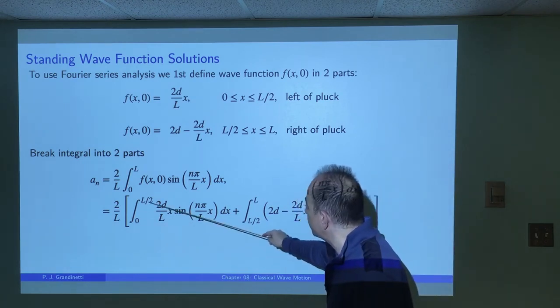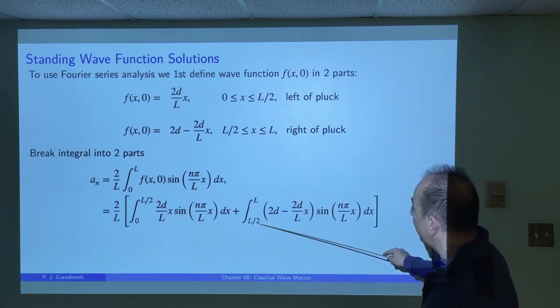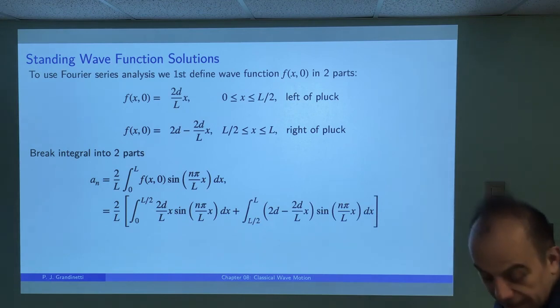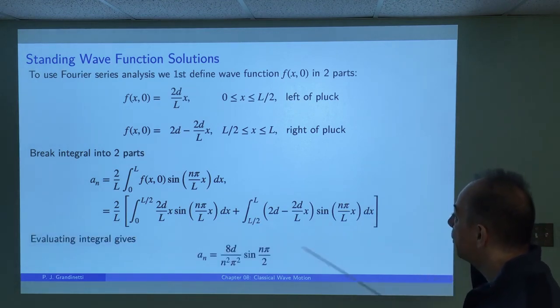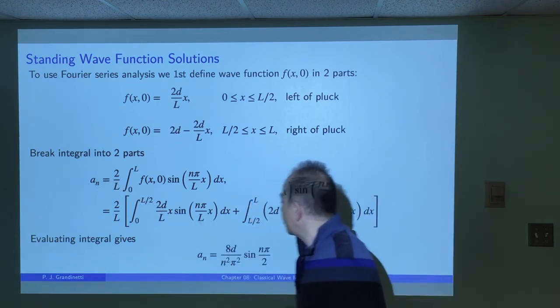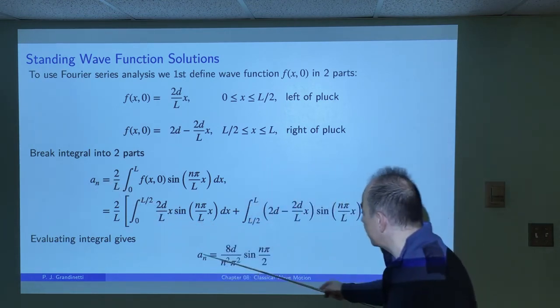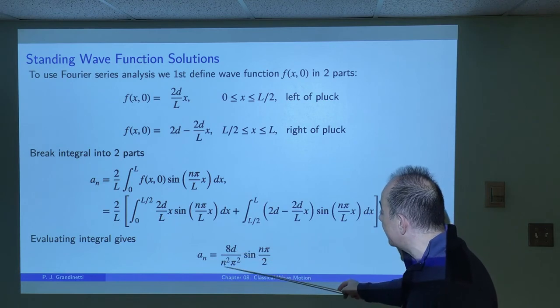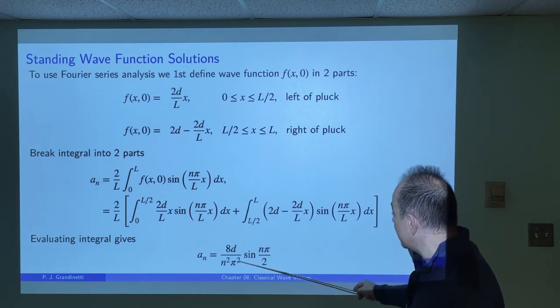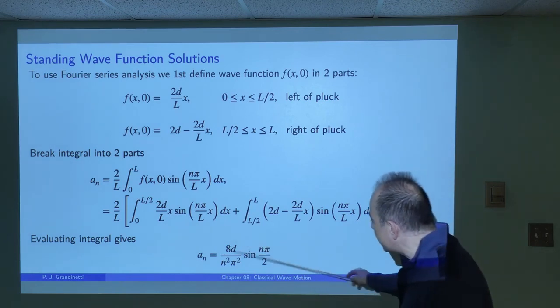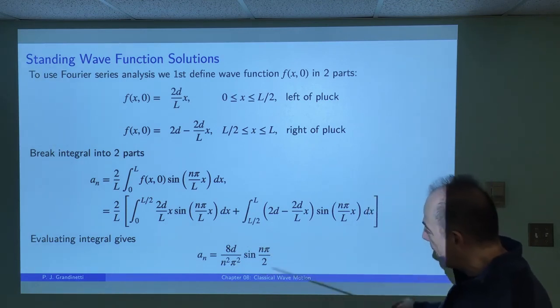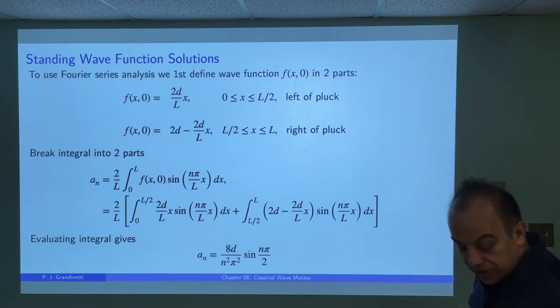So this is integrated from 0 to L over 2, and this is integrated from L over 2 to L. I'm going to leave it for you to do this, but if you evaluate this integral for arbitrary n, you can evaluate that a_n is equal to 8D over n squared pi squared, sine n pi over 2. That's the amplitude for n equals 1, n equals 2, and so on.